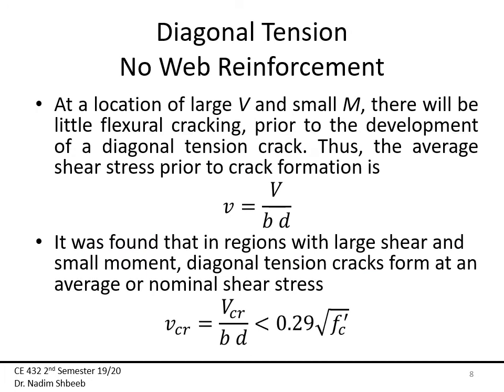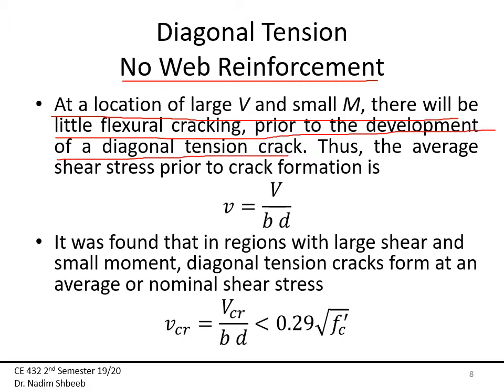So what happens if I have no web reinforcement? If I have no web reinforcement, so I'm not using any steel or any shear reinforcement, then at a location of large V and small M, there will be little flexural cracking, which is expected prior to development of a diagonal tension crack.